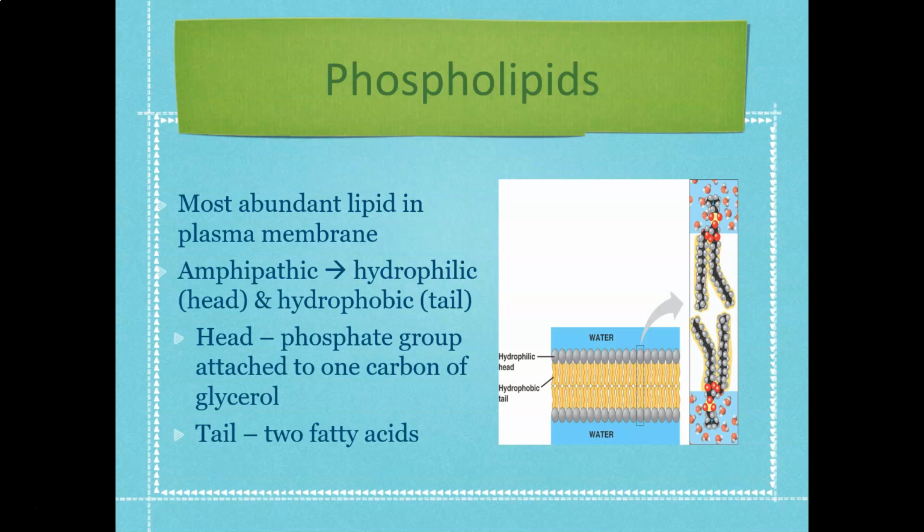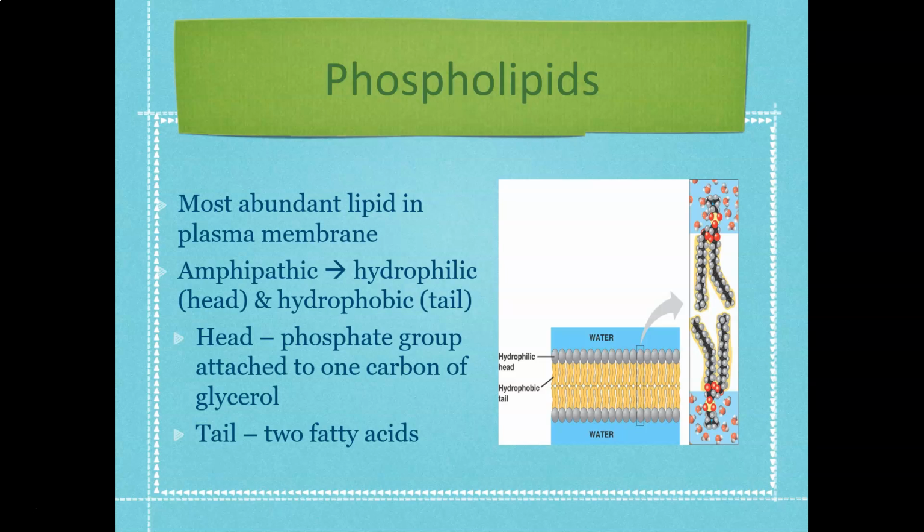Those hydrophobic tails are nonpolar. And so, again, like dissolves like. So, polar water is not like nonpolar fatty acid tails. And so, those fatty acid tails then bury themselves in the center of the membrane as a way to avoid that water.